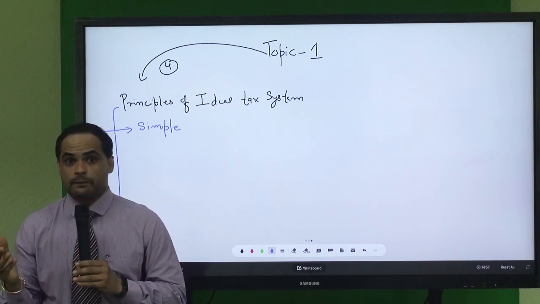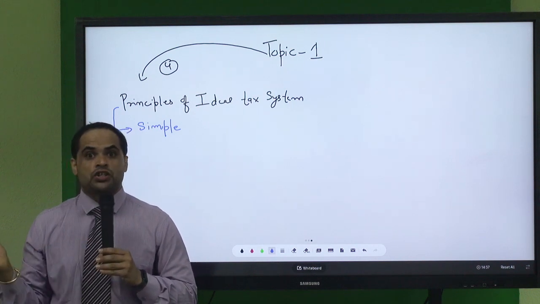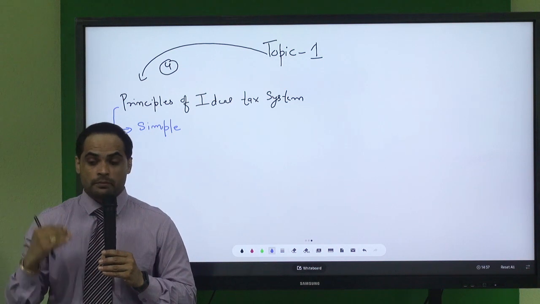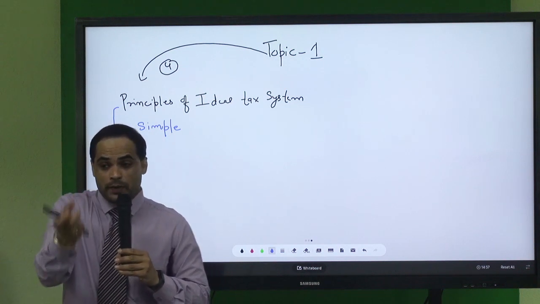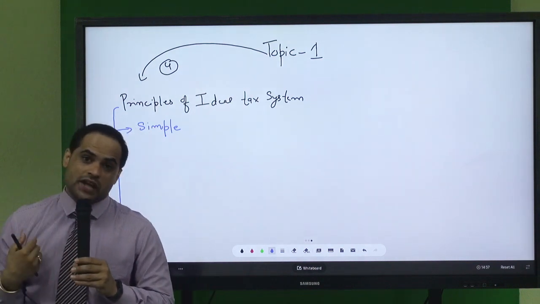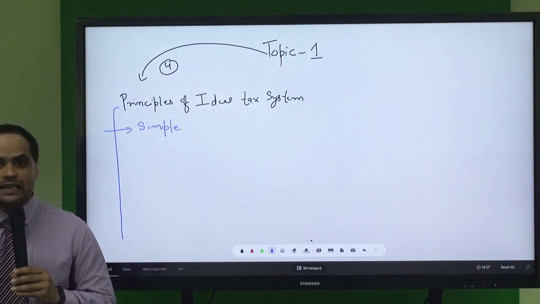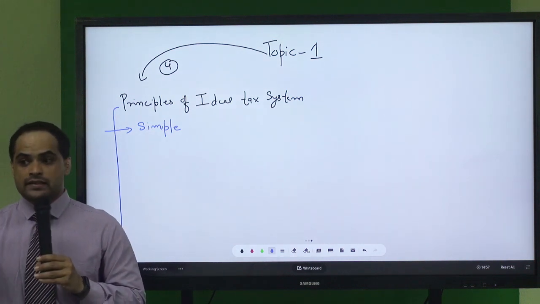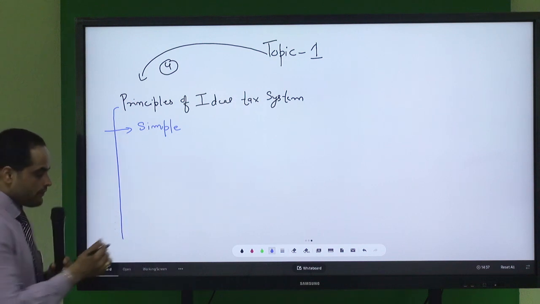It's systematic, all right? It's not just a random implementation of the tax. It has proper fundamentals, proper principles to implement that particular tax law or tax section or the tax rates. It must be simple, all right? So it means people can easily understand it. People can easily interpret that kind of tax system.